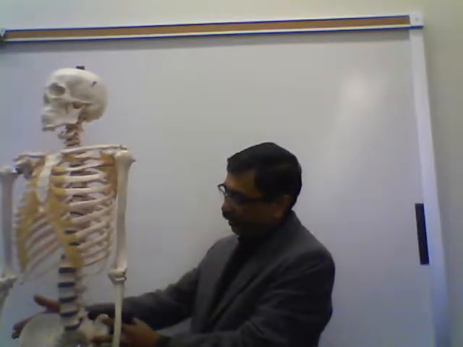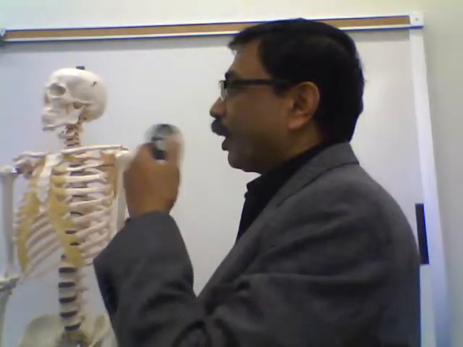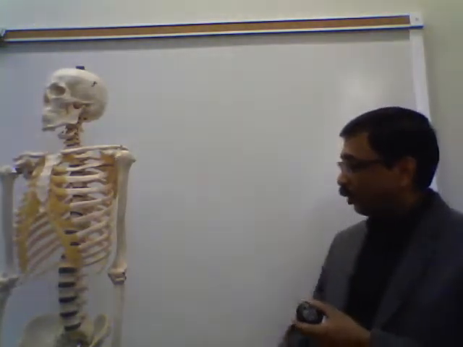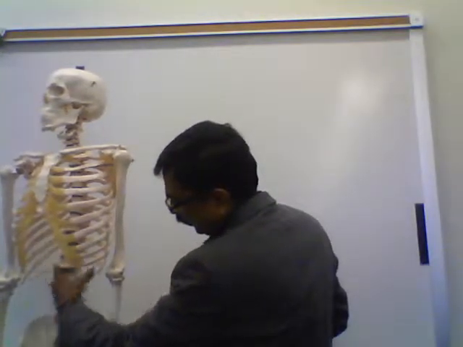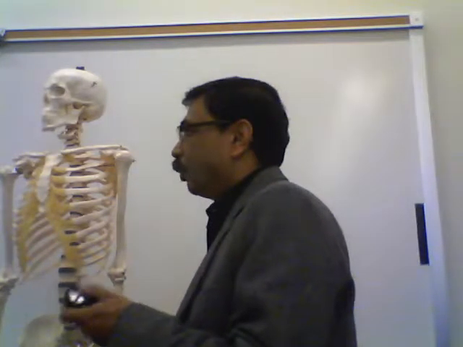Same thing, two hip bones, pelvic bones or coxal bones. And the pelvic girdle secures the lower limb bones. Same way, you see the pelvic girdle is attached to the axial skeleton and it secures the lower limb to the axial skeleton.